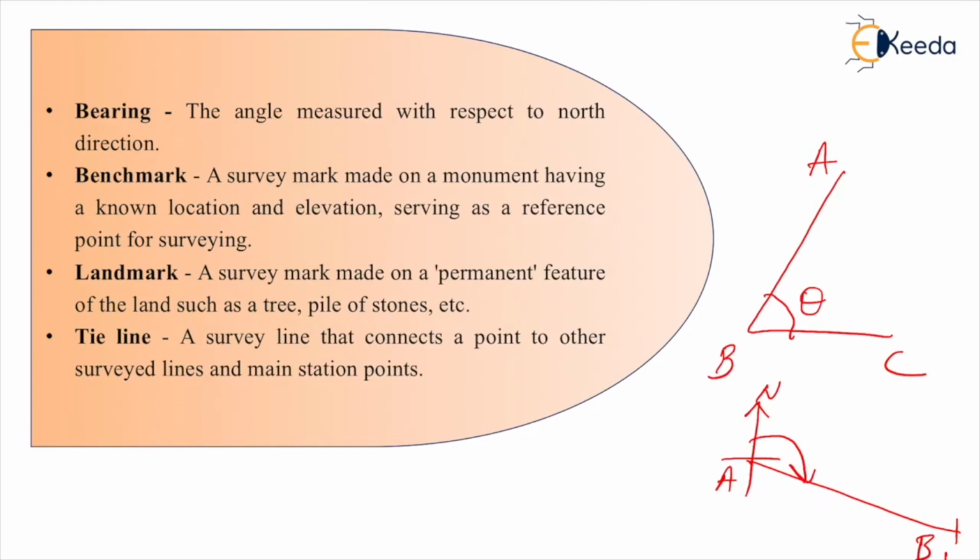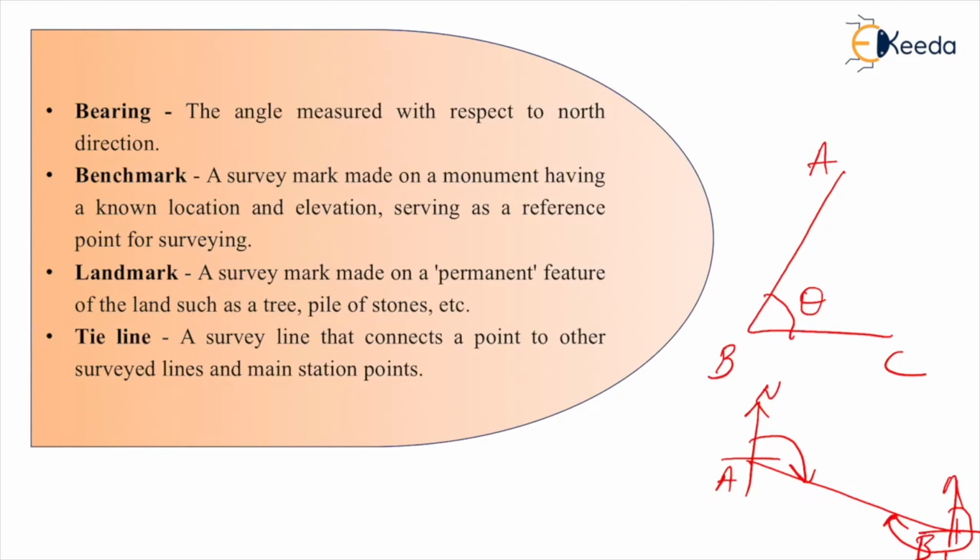In the progress of the line, whenever the bearing is measured, it is known as forebearing, for example AB. And if we are measuring the bearing BA, then it is known as backbearing. So bearing is nothing but the horizontal angle measured with respect to the north direction in clockwise direction, divided into forebearing and backbearing.